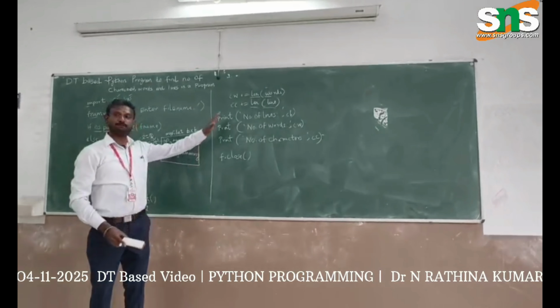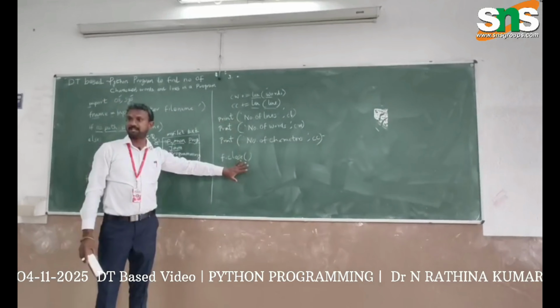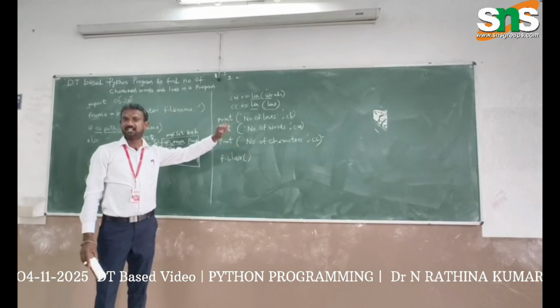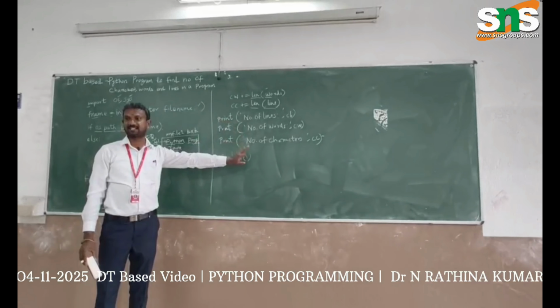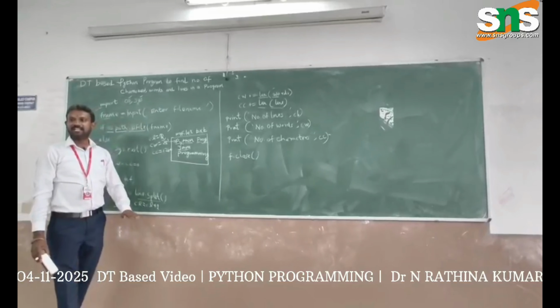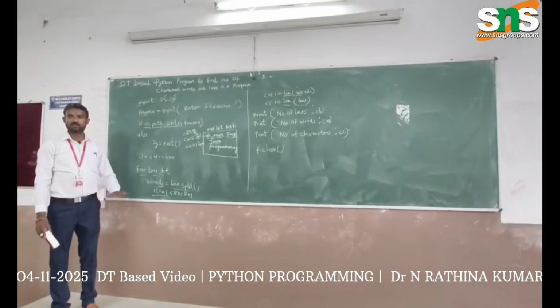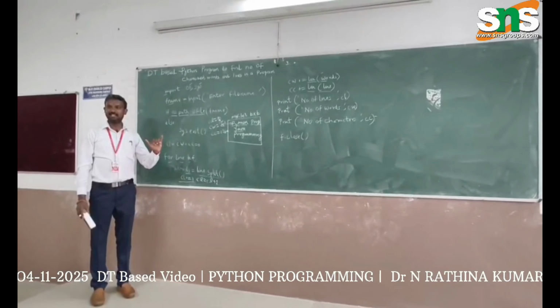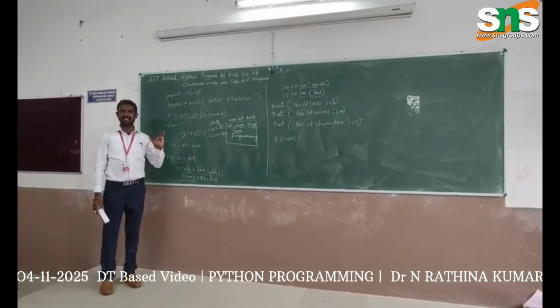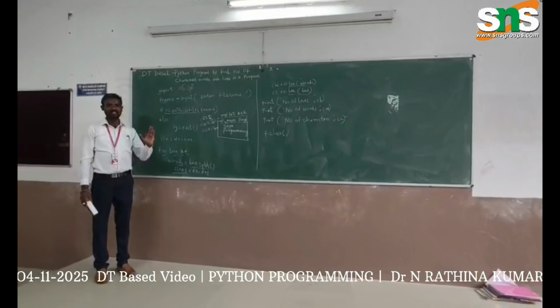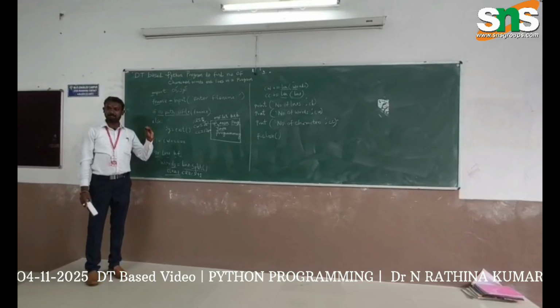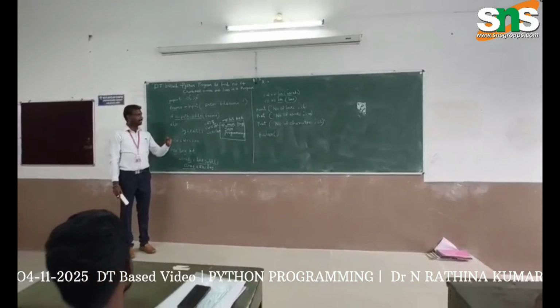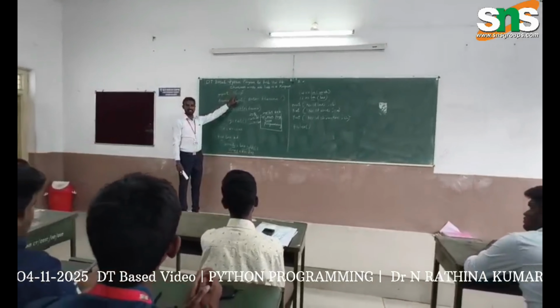So finally, with the help of the print function, we are displaying the number of lines, words and characters. Finally, I am going to conclude. Here we are implementing a program to calculate the number of words, lines and characters. If you want to implement this program, we need one library, that is OS.